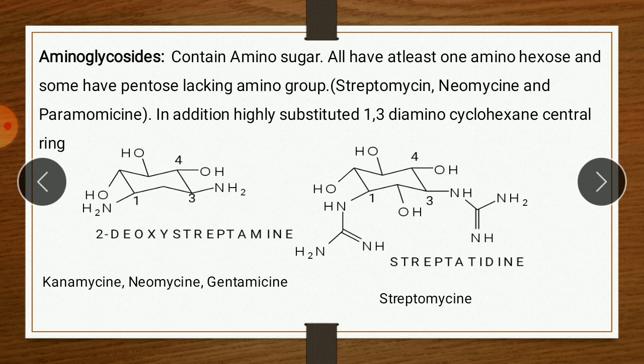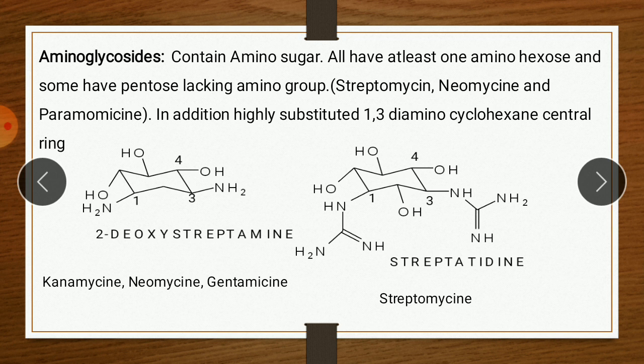Because of their potent broad spectrum antimicrobial activity, they are also used for treatment of systemic infection, but their undesirable side effects, particularly ototoxicity and nephrotoxicity, have restricted their systemic use to serious infection. The aminoglycosides are given parenterally, by intramuscular or sometimes intravenous route.